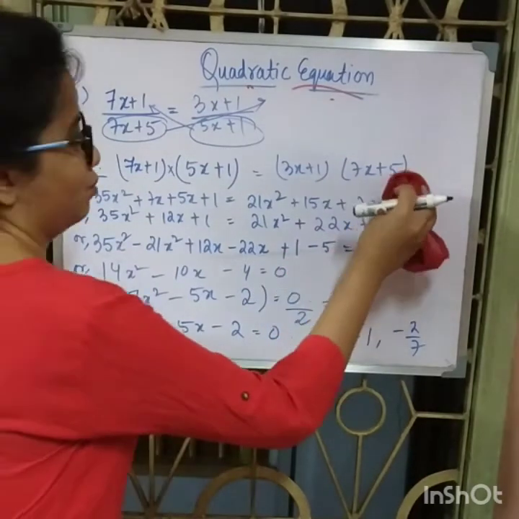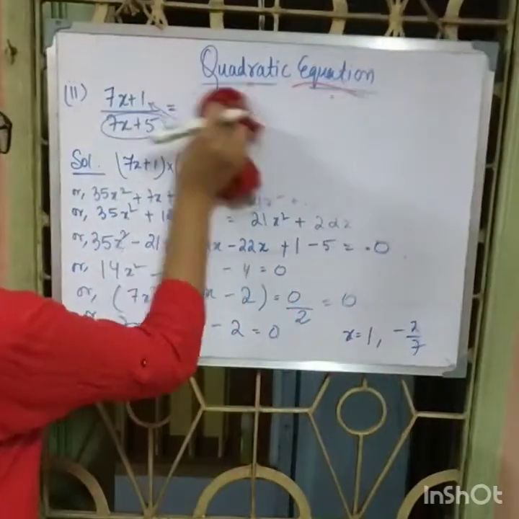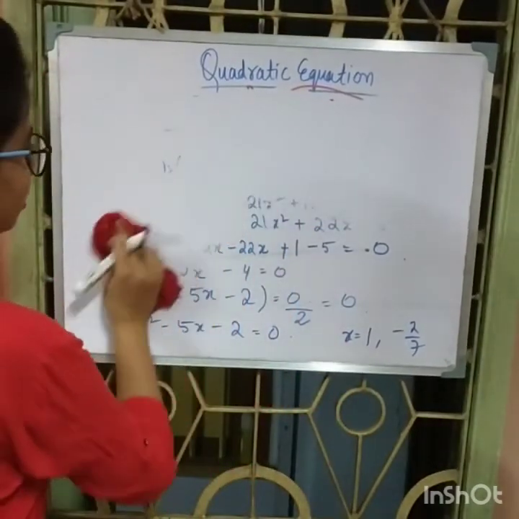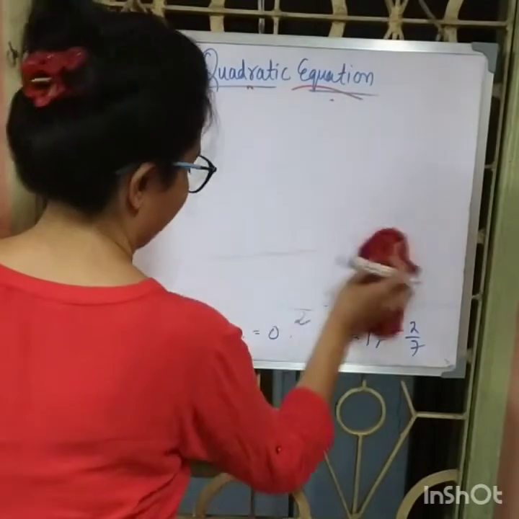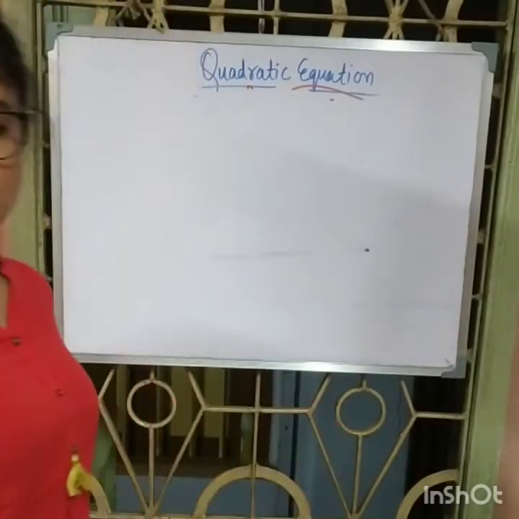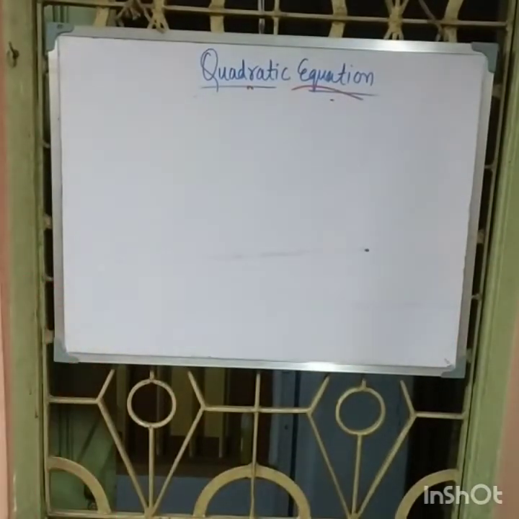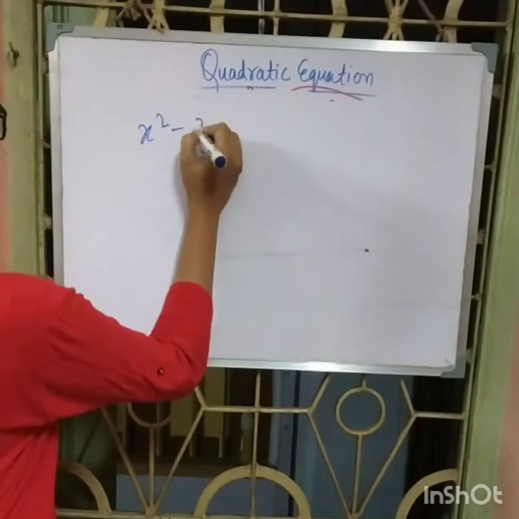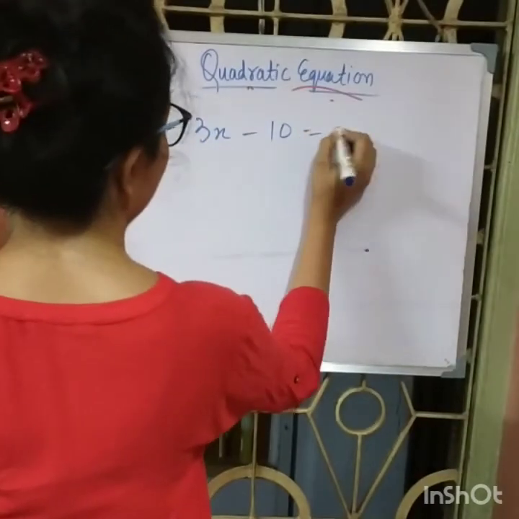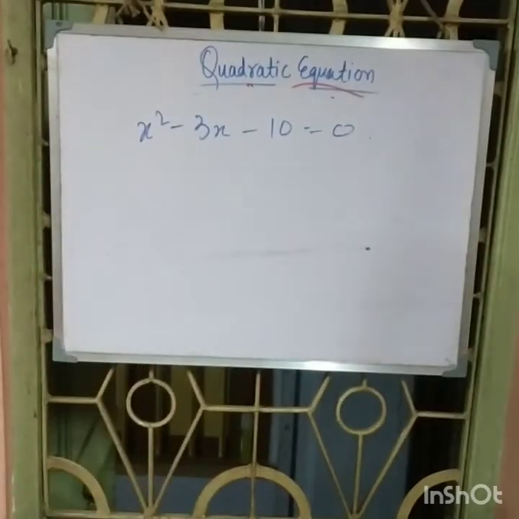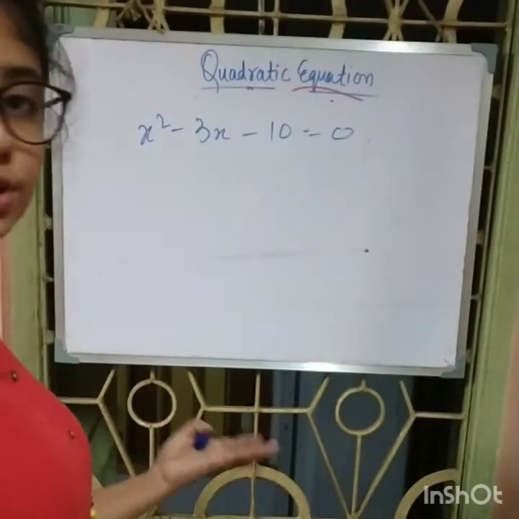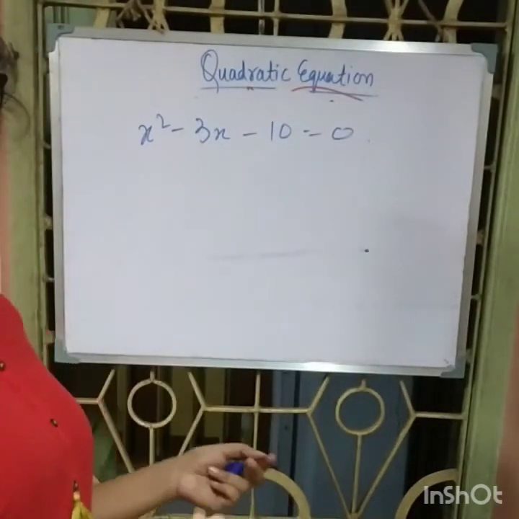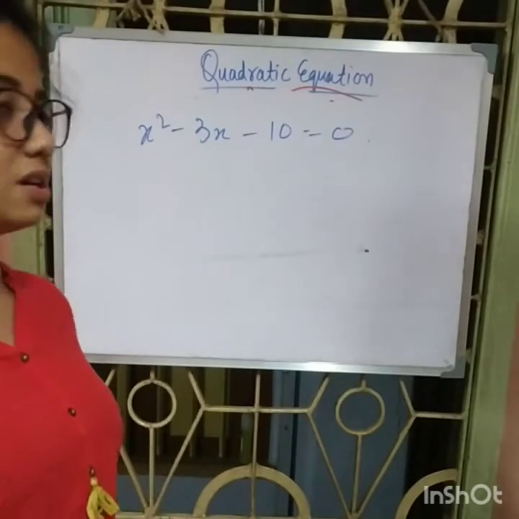And I just want to show you a simple thing, a very short thing, and then we will be done with this part. If any equation is in the form of, say, x square minus 3x minus 10 is equal to 0, and we need to solve this using the middle term factorization method, what do we do? We again multiply the coefficient of x square and the constant term.